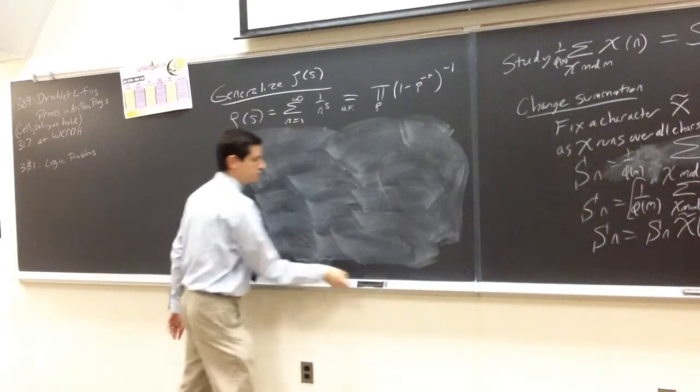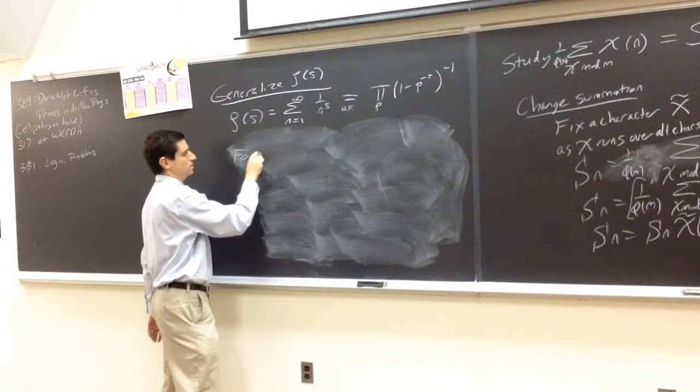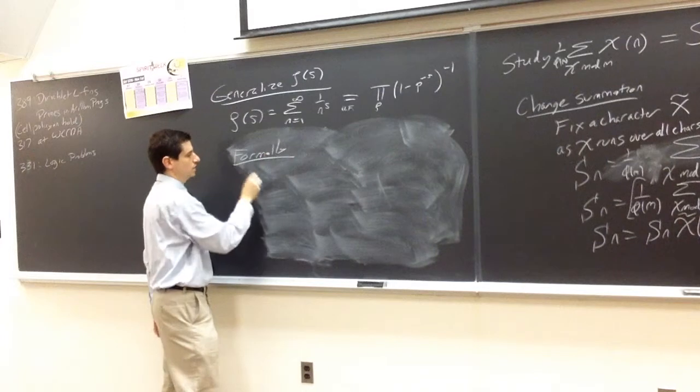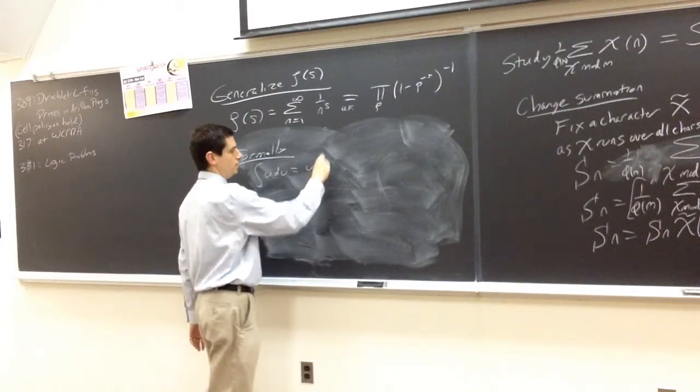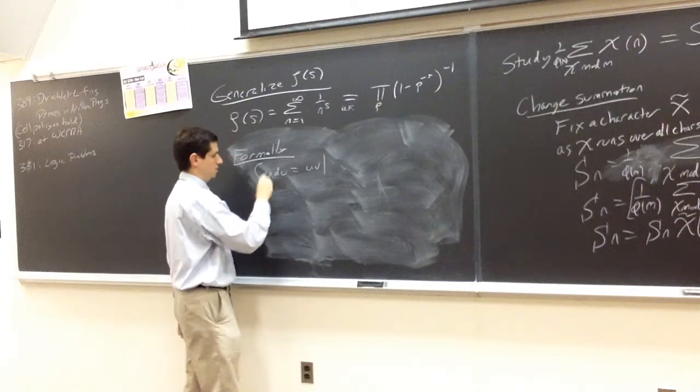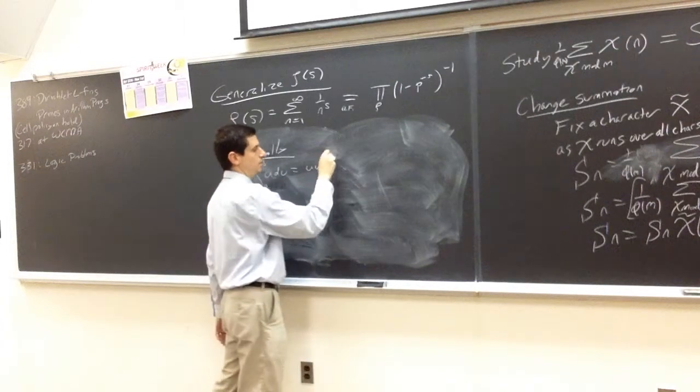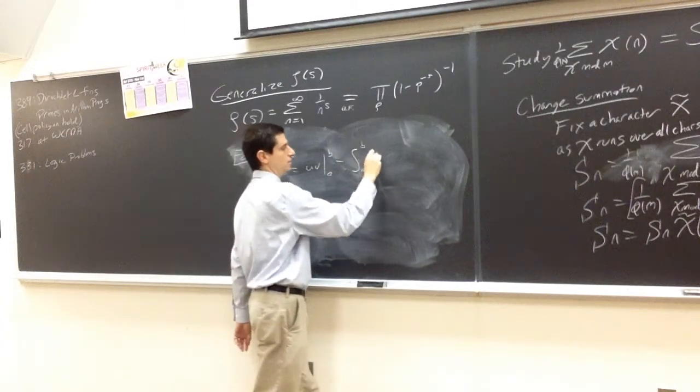And so just formally, as a quick heuristic, the integral of u dv is uv from a to b minus the integral from a to b of v du.